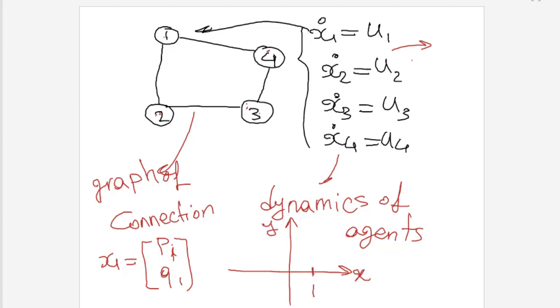Okay, the location of the robots, the first robot is x1. We can apply the control input to this robot to change the location, for example, to become here. Okay, this is all about the dynamic of the multi-agent system.